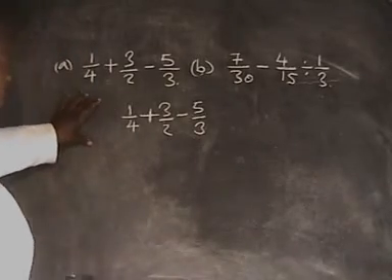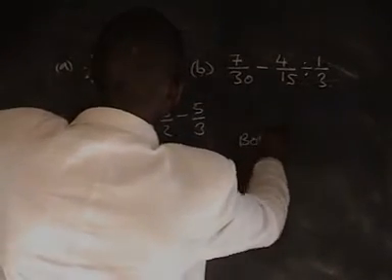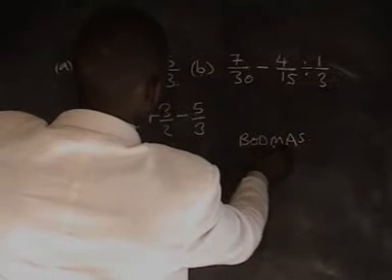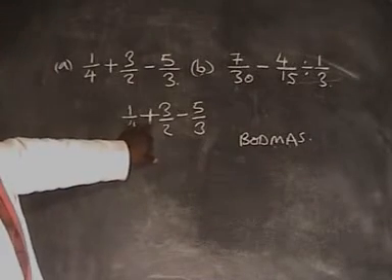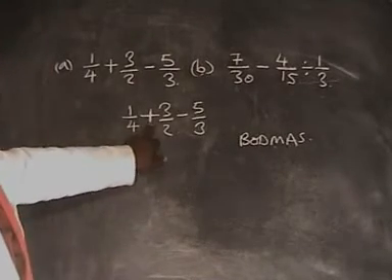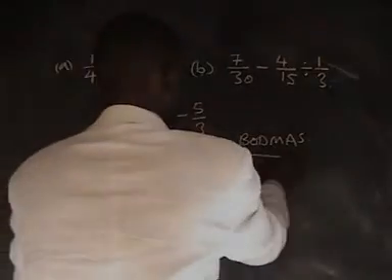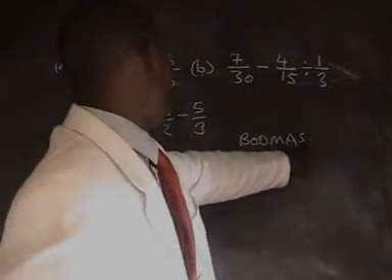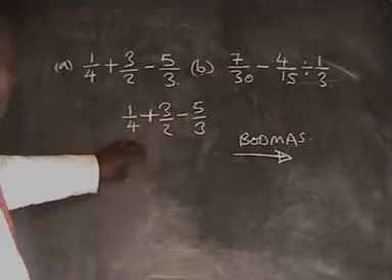You have to employ what I have termed BODMAS, brackets, division, multiplication, addition, and subtraction. There are 2 operations used there, addition and subtraction. In that sequence, addition comes first, followed by subtraction. So you have to add first before you subtract. I'm sure that is understood.